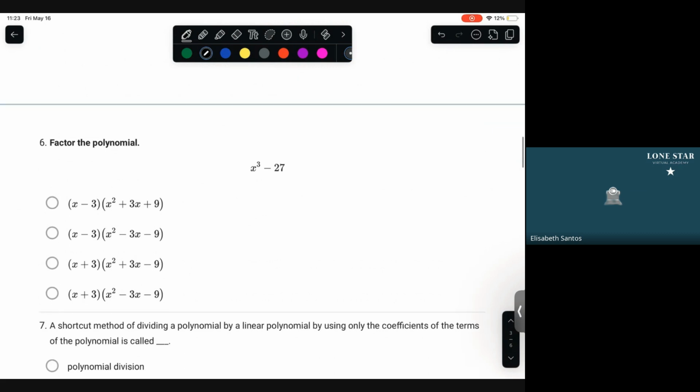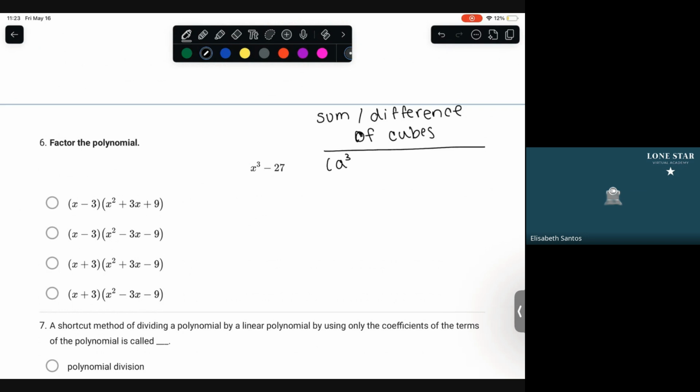Okay, 6, we're going to factor the polynomial. So what you need to know is we need to know the sum and difference formulas. It's the sum and difference of cubes. And what that states is if we have the sum of cubes, so meaning they're adding, we're going to factor them, and they're going to look like this.